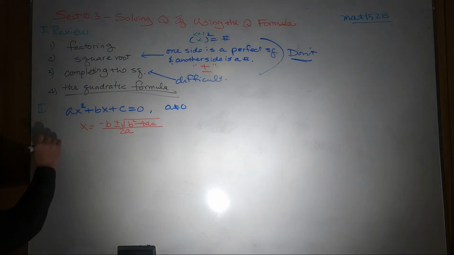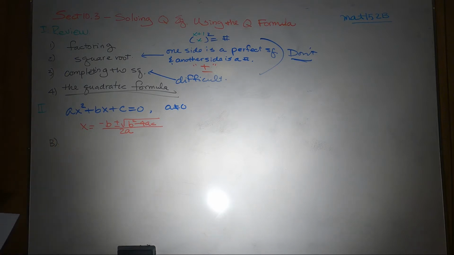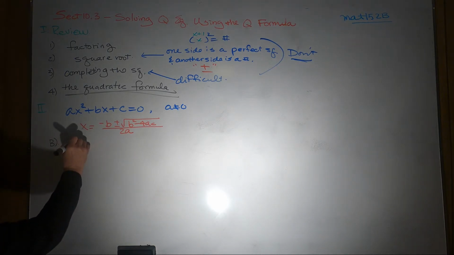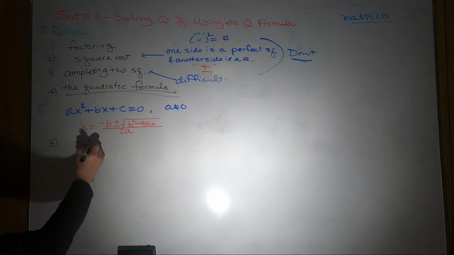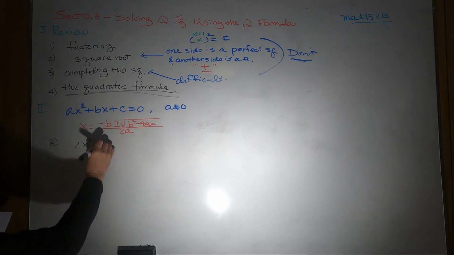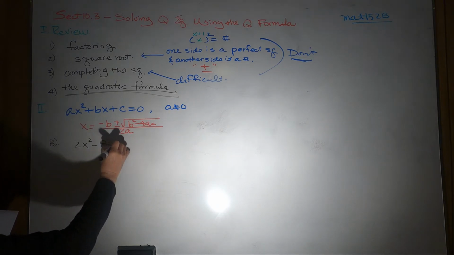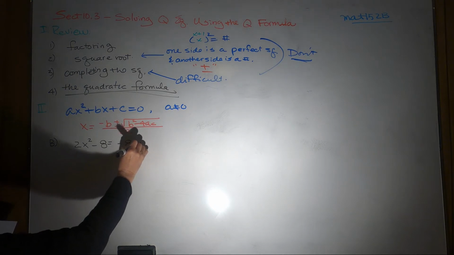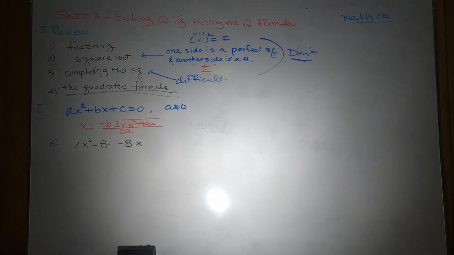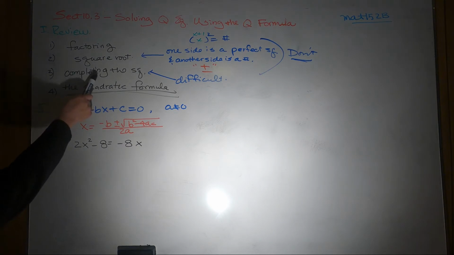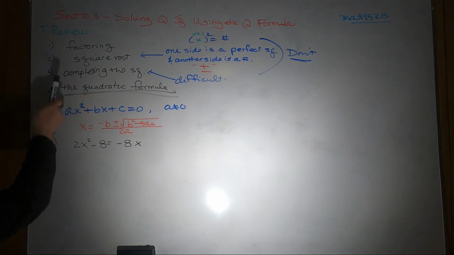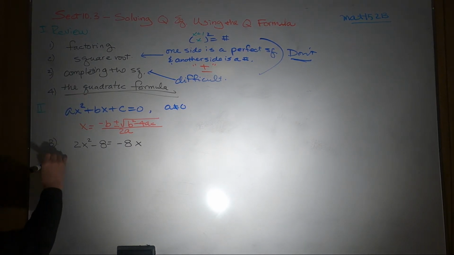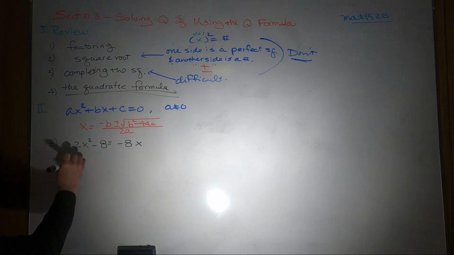We have 2x squared minus 8 equals negative 8x. We did this earlier; let's practice completing the square again and review that.